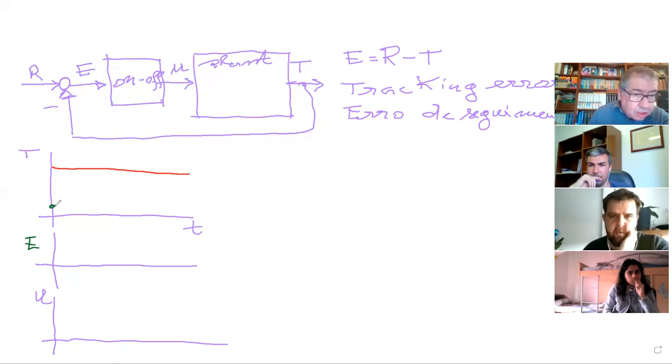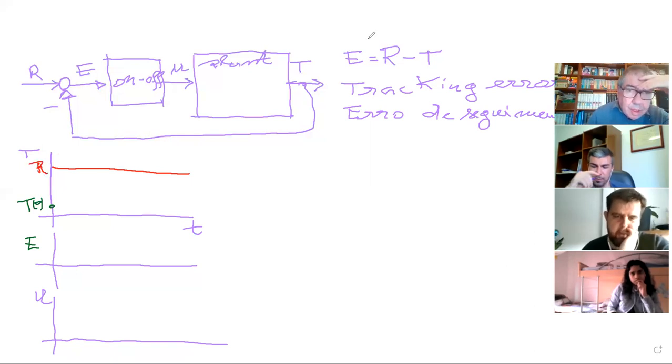No, but when you start, your temperature is here. Okay, this is your temperature. The red one is the reference. So it's negative. No, this is the value of the reference. Okay, so then it's positive. So E is positive, is here.